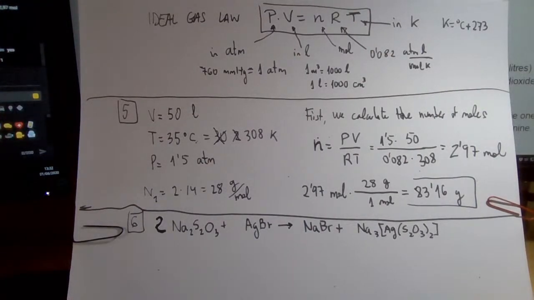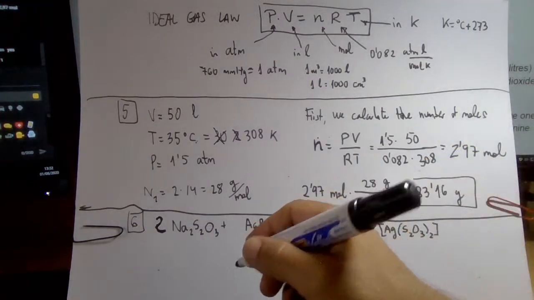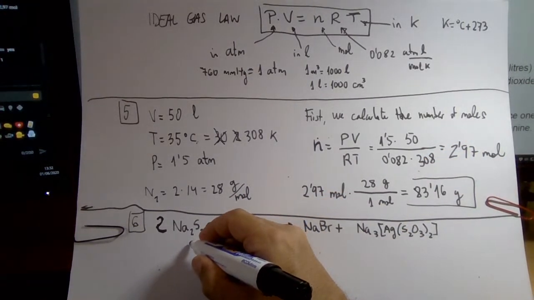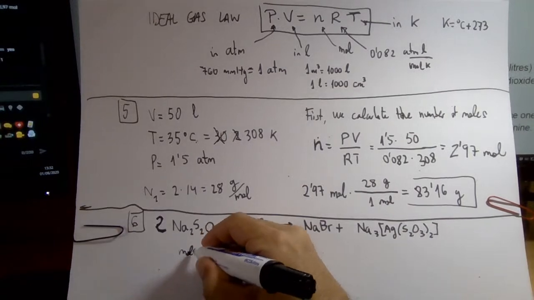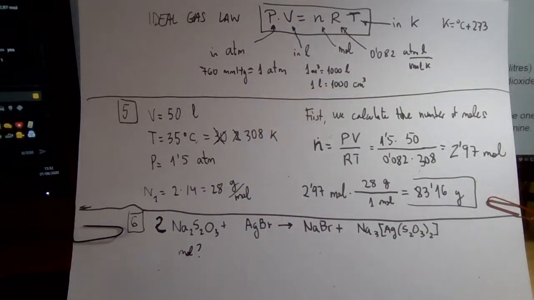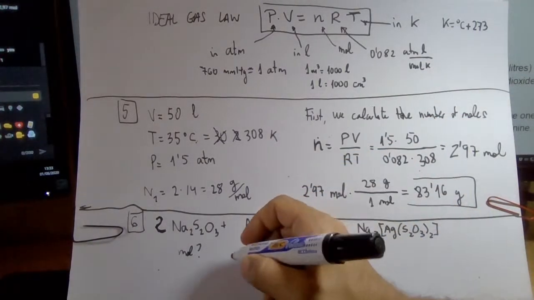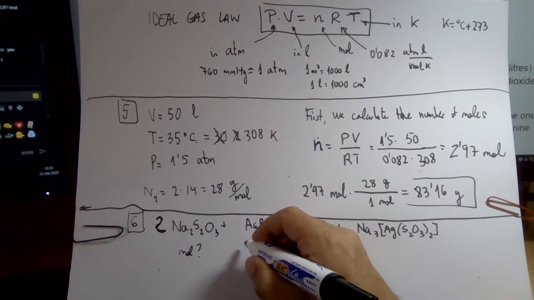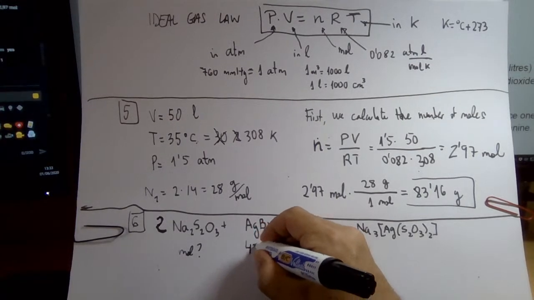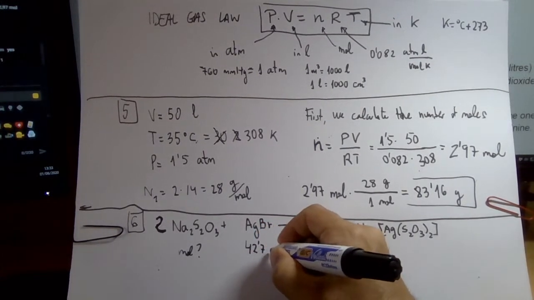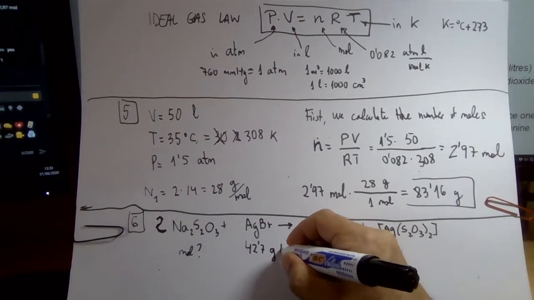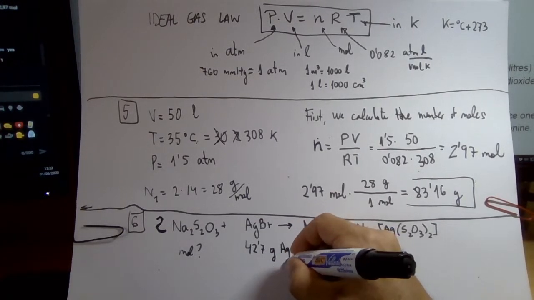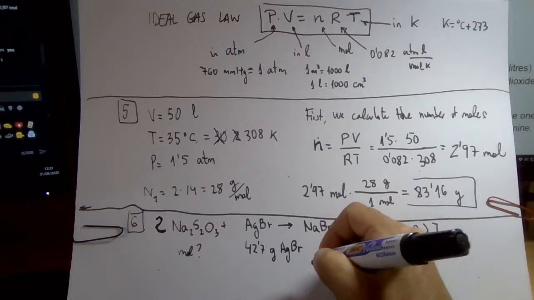Given how many moles of Na2S2O3 are needed to react completely with 42.7 grams of silver bromide, AgBr.